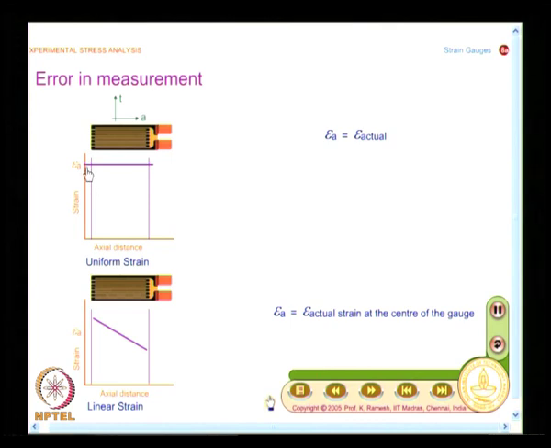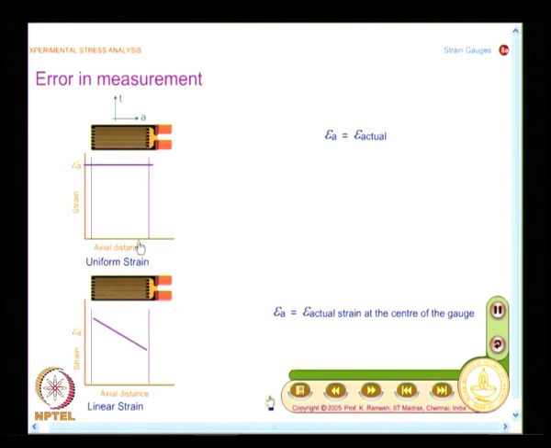Suppose I have a uniform stress field, when the strain value is constant, the length of the grid element does not matter. So, the gauge length does not play a role. You essentially measure the actual strain, whatever the strain at the center of the grid would be, the one which is measured by a longer grid also.